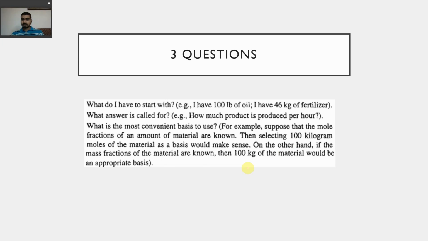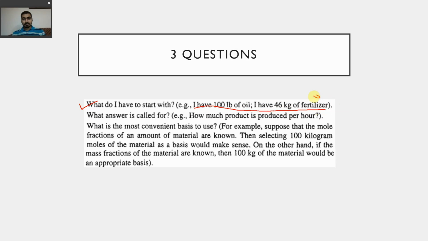All right, so those three questions are: what do I have to start with? If you are given any problem, you should know how to start it. You may be given a wide range of data in your question. Suppose I have 100 pound of oil as well as 46 kilogram of fertilizer, or let us say 46 kilogram of oil.